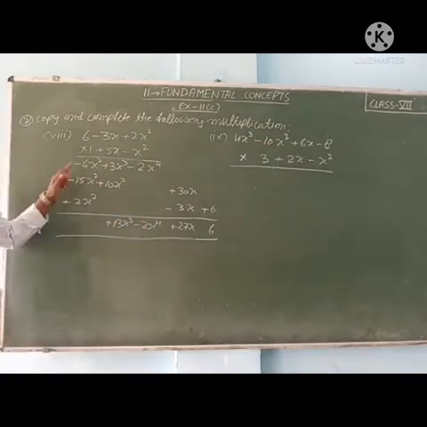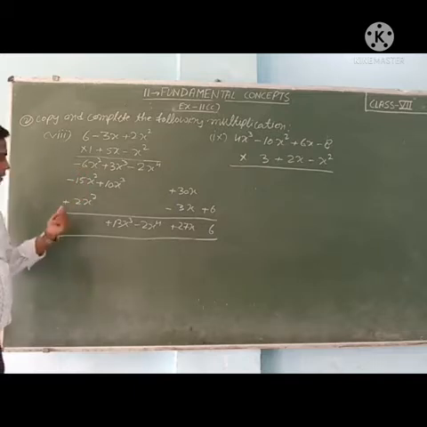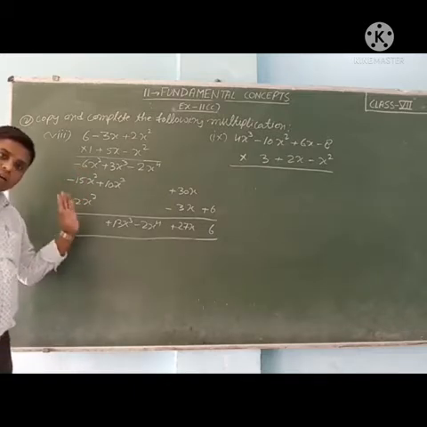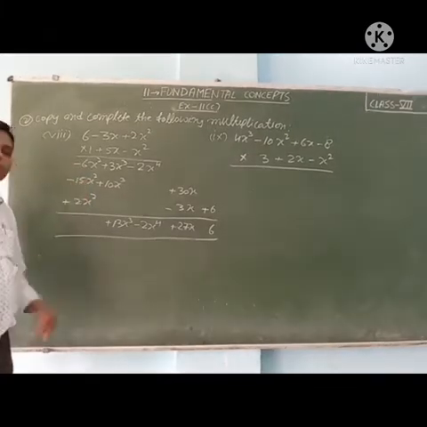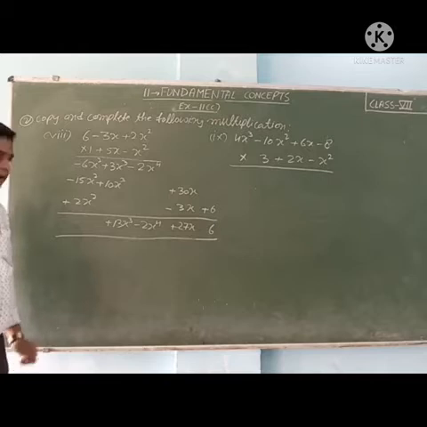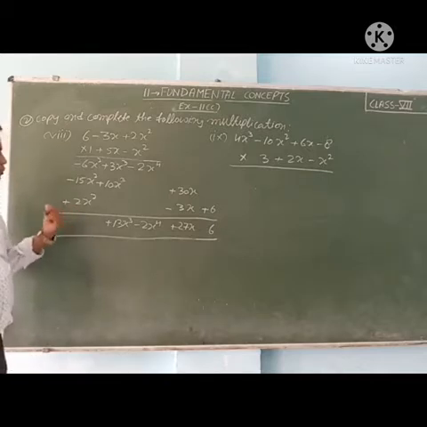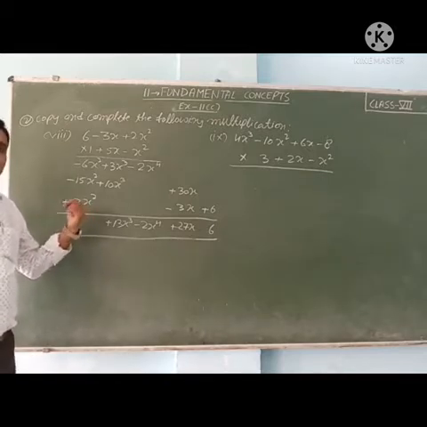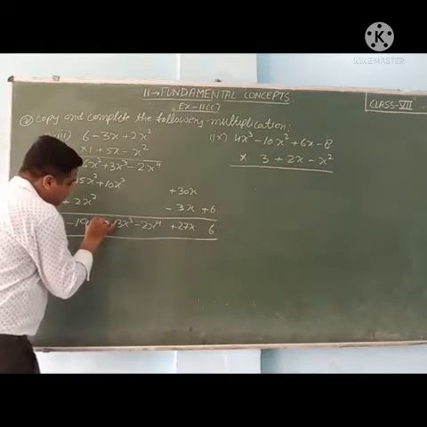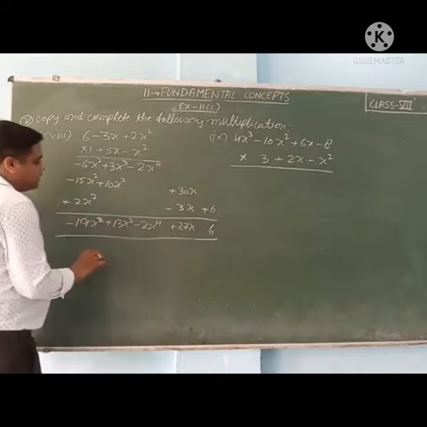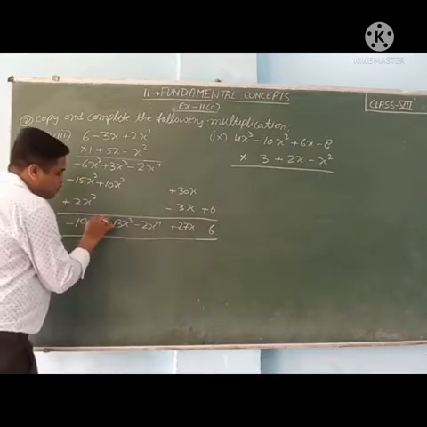Then minus 6x square minus 15x square plus 2x square. 2 negative terms, 1 positive term. So minus 6 minus 15 means minus 21. Then plus 2. So minus 21 plus 2 means minus 19x square.